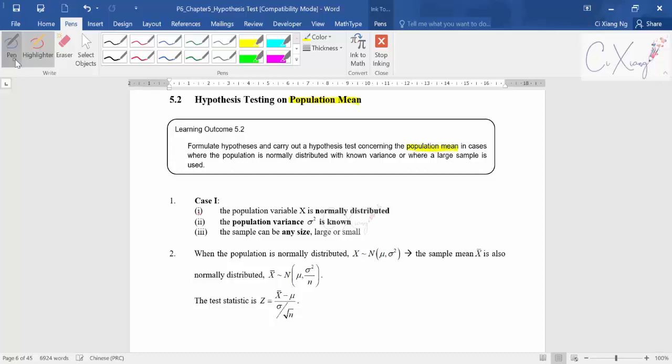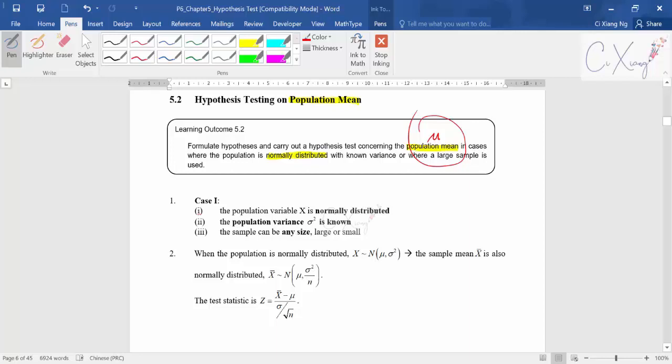Population mean, I think you should know the symbol is mu, in cases where the population is normally distributed. So for the case here, we are going to focus on the normally distributed population with either the known variance or with a large sample. But no matter how, our main thing is about the population mean.